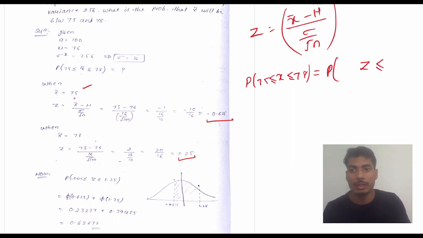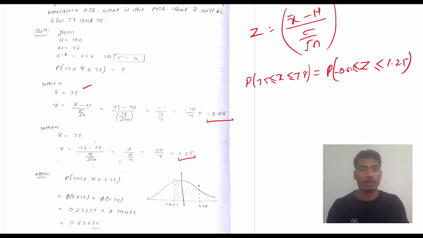When x bar is 78, the z value is 1.25. And when x bar is 75, then the value is minus 0.25.